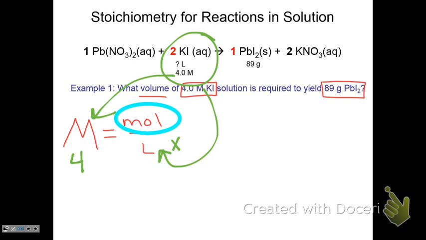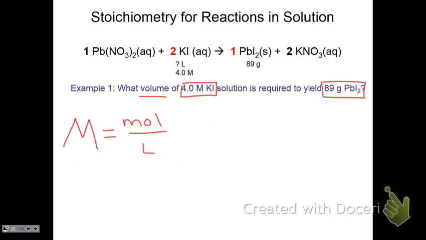Really, the only thing I'm missing out of this equation is moles. So I'm going to try and solve for moles first. Whatever value I get for moles of this potassium iodide solution, I can plug it in right here. So let's go ahead and erase all that.